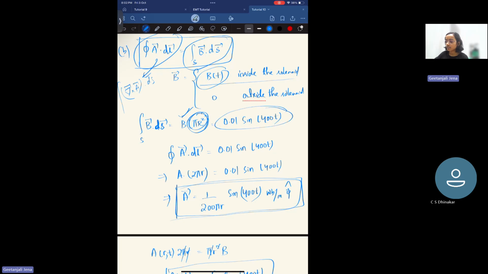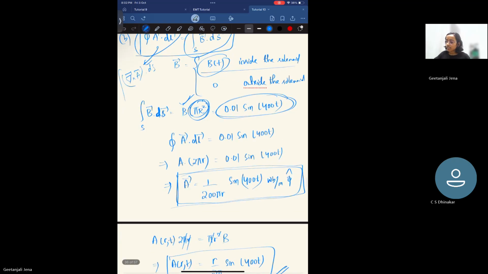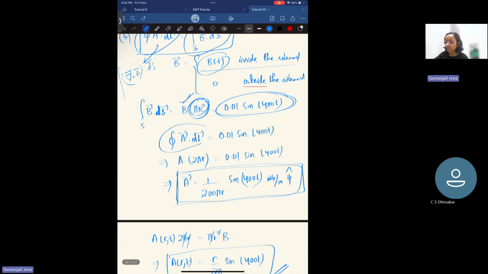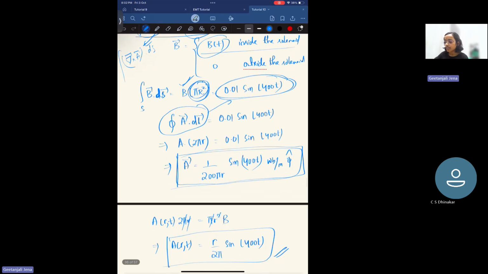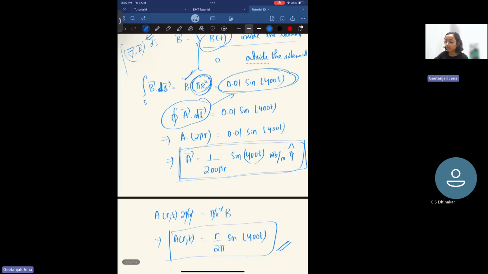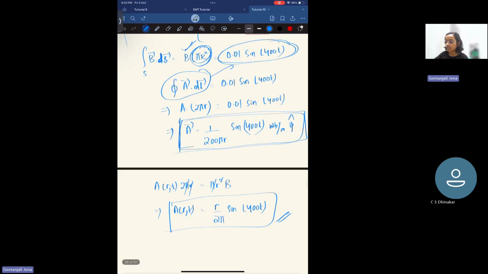You can simplify it; R squared will give 0.01. So we get the magnetic flux as this. From this, I have used the relation A dot dl is the magnetic flux, and dl is nothing but 2 pi r. From this, you can get A as this expression. Okay. So finally, we have this.